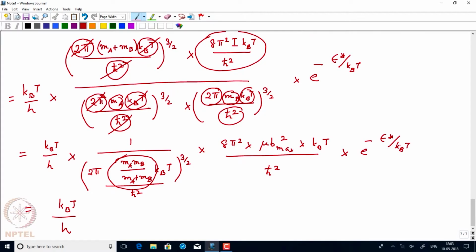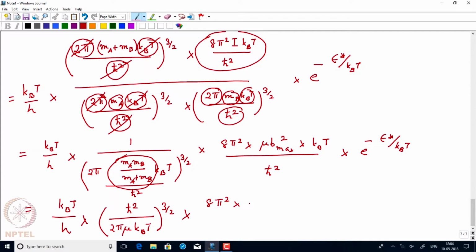Now we can arrange the terms one by one, and you see here that I will have kBT. Let us write it once again, and times I will have h bar squared by 2 pi mu kBT raised to the power 3 by 2, and then 8 pi squared into moment of inertia, which is, sorry, mu Bmax squared, not pi.